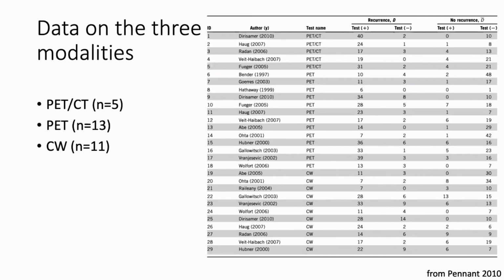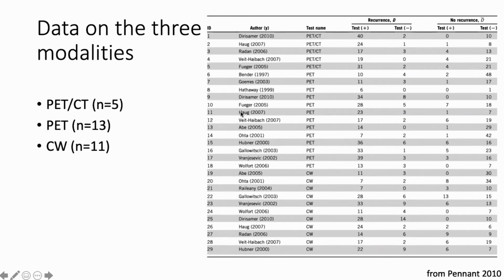So how do I get evidence for the sensitivity and specificity of these tests? Well, I could go to the literature and do a systematic review and meta-analysis. And in this particular case, we have 5 studies on PET-CT, 13 on PET, and 11 studies on conventional workup that give us the cross-classification between the test results and the true disease status.